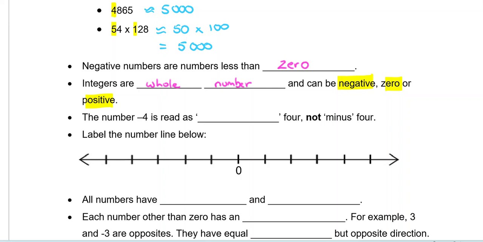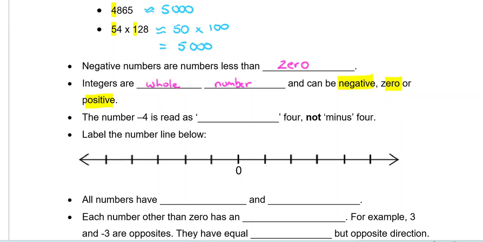So things like 2, 20, 536, they're all positive numbers, but also negative 5 or negative 7, they are all integers as well. And even 0, right in the middle of your positive and negative numbers, that is an integer. Things that are not integers are all your decimals, so anything in between. 3.5, not an integer, okay?